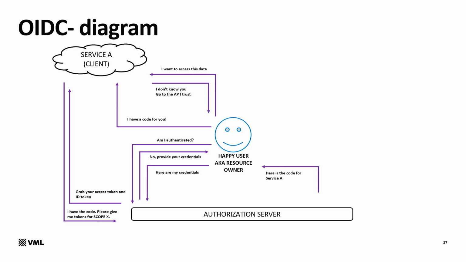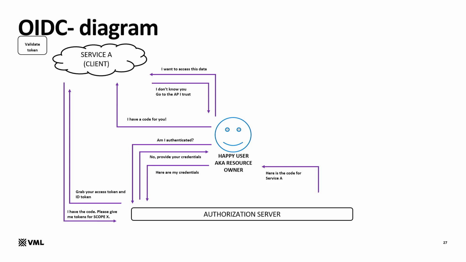So with OIDC, additional scopes were introduced, like the openid scope and also a profile scope, and those give us information about the user. We can also use the email scope to get the user email, but the rest is basically the same.